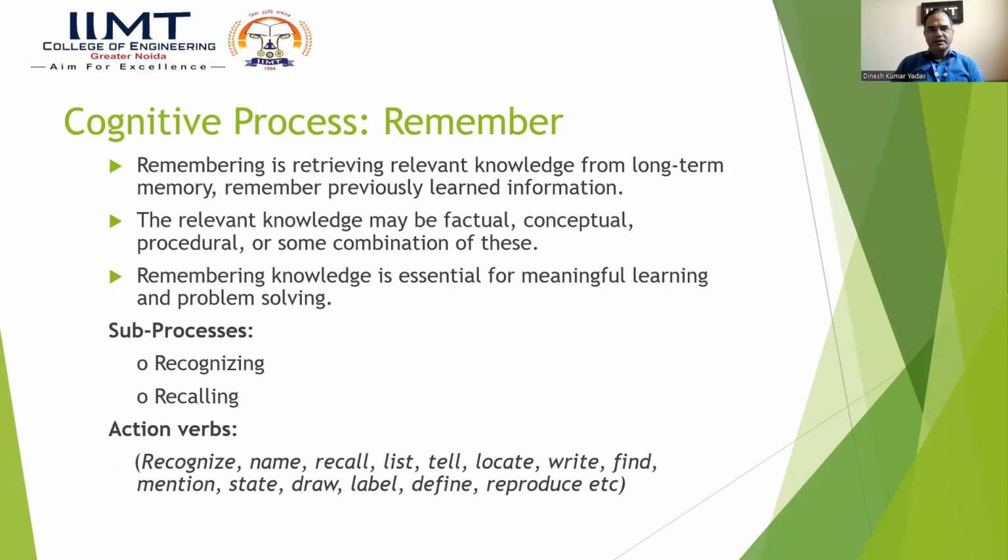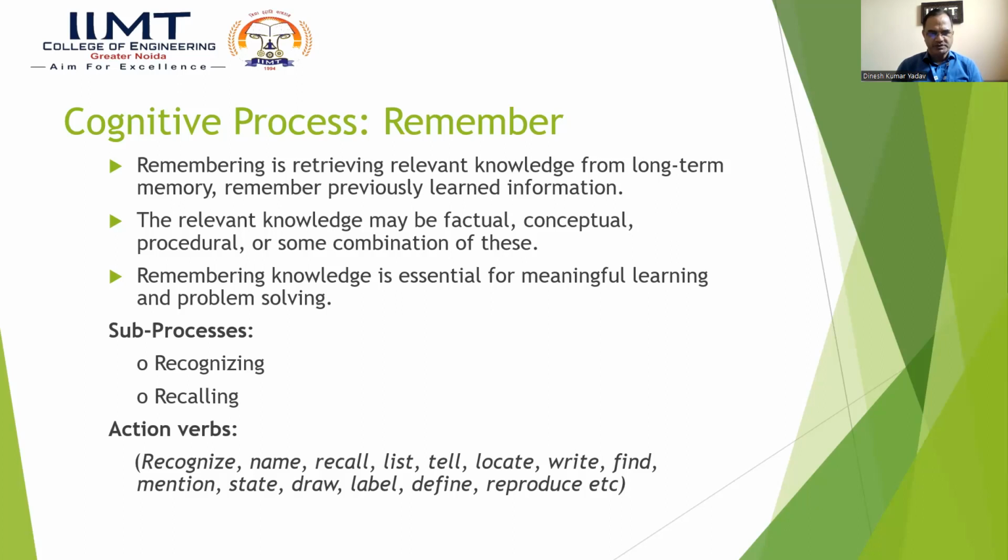So as I said earlier, remembering is just retrieving the relevant information, knowledge from your long-term memory, whatever you have learned from the textbooks and other sources. So you just have to reproduce that information, that knowledge, based on your long-term memory.